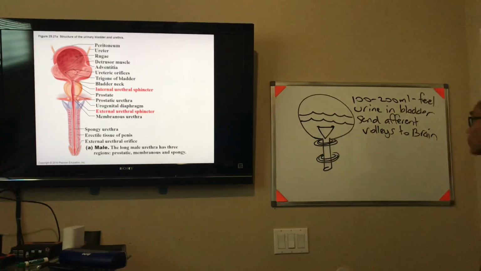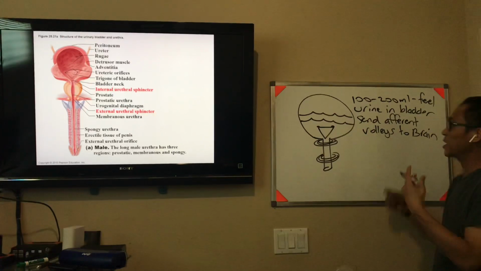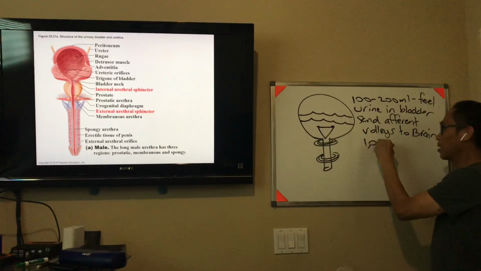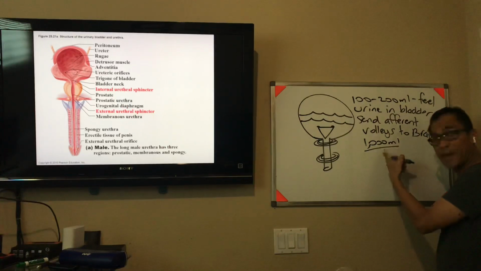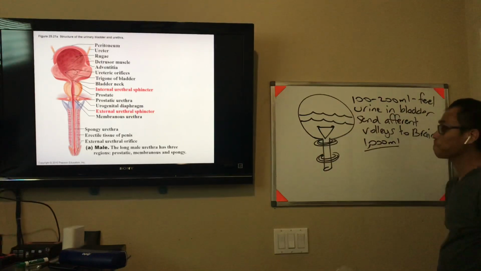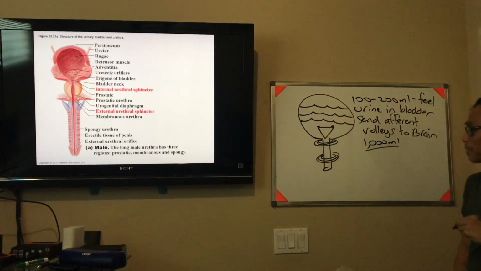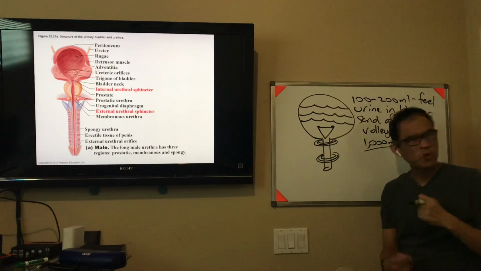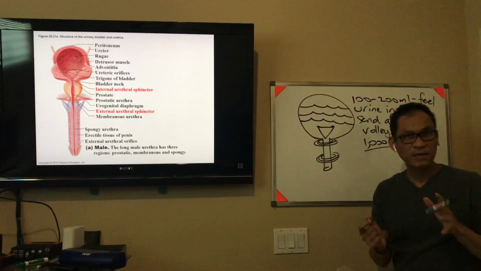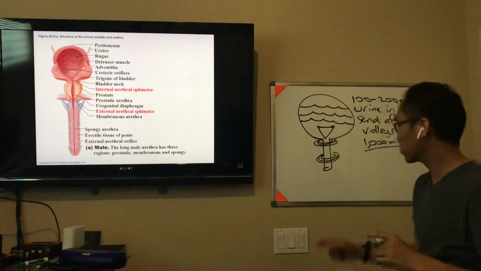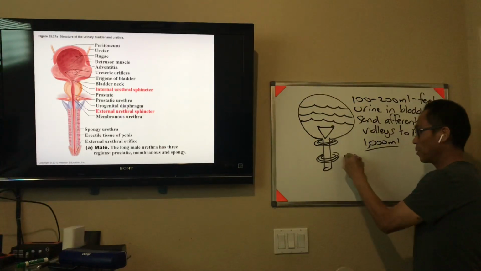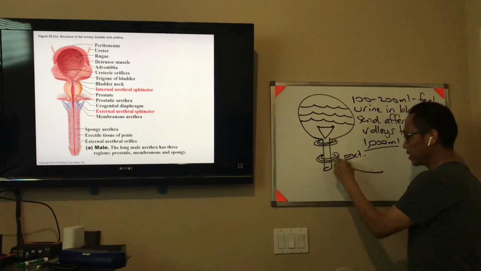And they become more frequent and intense as you approach 1,000. That's your max capacity that you can hold in there, okay? As the bladder fills and fills and fills. And you can help hold it. You strain, right? You can receive conscious input from the brain, because remember, the external sphincter can receive brain influence.